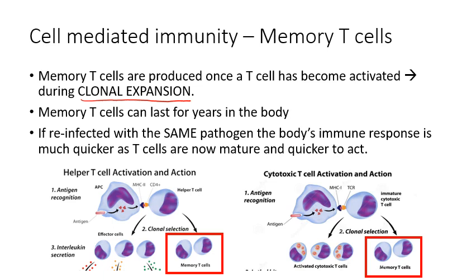They will be stored in your body to act as a memory, so that if you're ever exposed to this same pathogen, this same non-self antigen again, your body's immune response is going to be much quicker because you already remember or have lots of copies of the helper and cytotoxic T cells that are needed to fight that pathogen or non-self antigen already littered throughout your body. So it's not going to take as long to activate them.